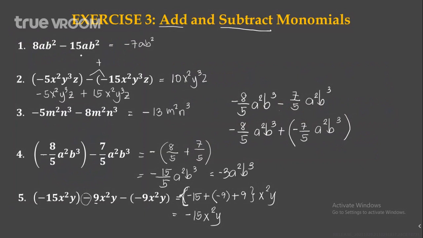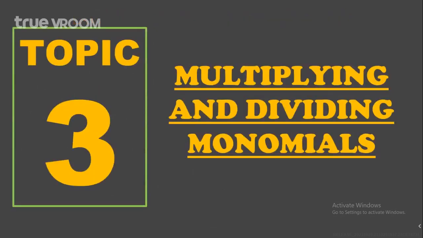You cannot add and subtract two or more monomials if they have different variables and different exponents. But in multiplying and dividing monomials, it doesn't matter if you have different exponents. So we are going to deal with the coefficient, the number part, and then the variable.